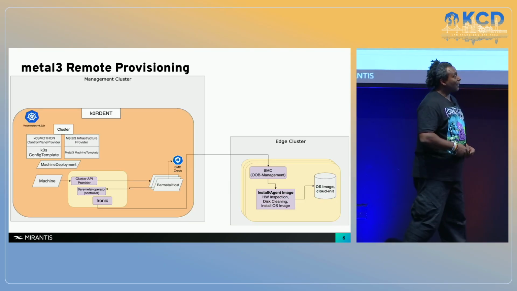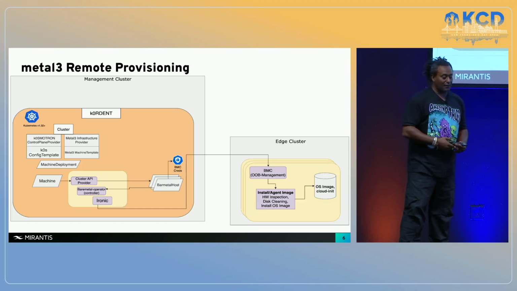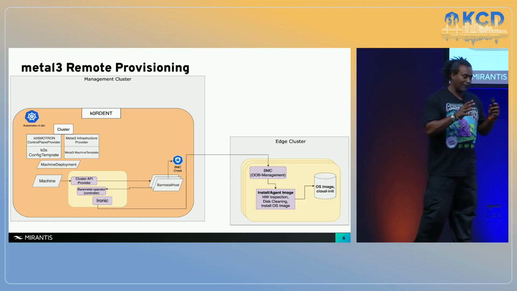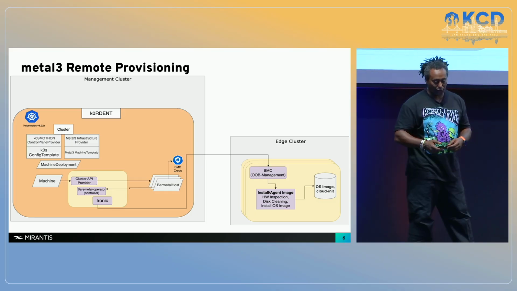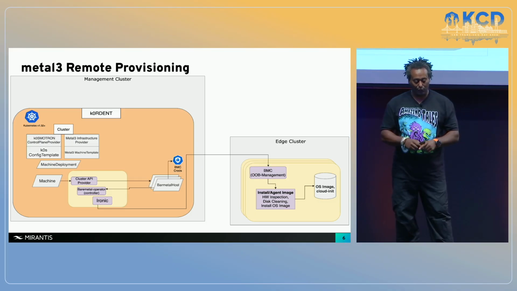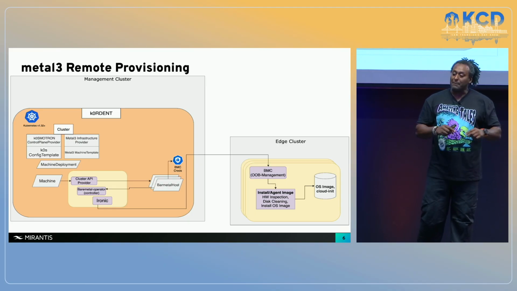Double-clicking on Metal Cube, I hope it's visible enough. When we have a management cluster and we deploy Metal Cube, the way I would like you to look at this is, we have one management cluster.